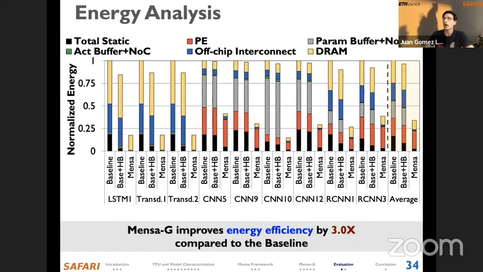how much would the performance or energy efficiency improve if you had more accelerators, let's say 5, let's say 1 per family? So the problem in that case is that we had a kind of area budget, right?